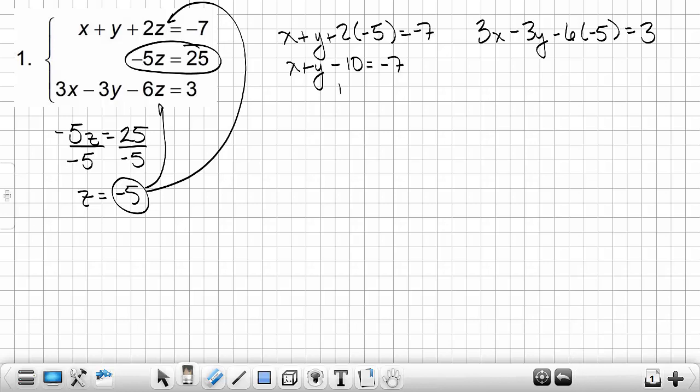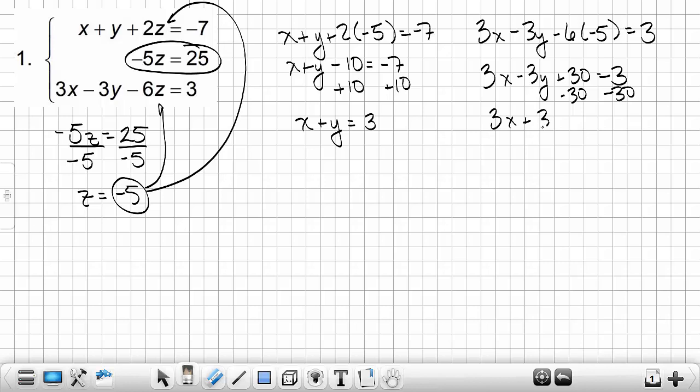I should. So we get 2 times negative 5 is negative 10. I'm going to add 10 to both sides, and I get x plus y equals 3. On the other one, I have 3x minus 3y plus 30 equals 3. I'm going to subtract 30 from both sides. I get 3x plus 3y equals negative 27.